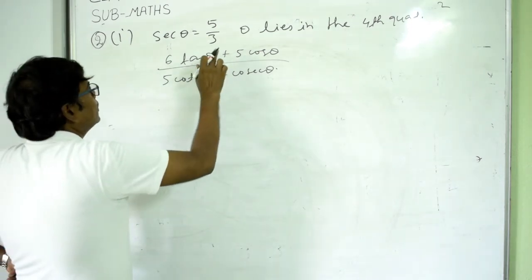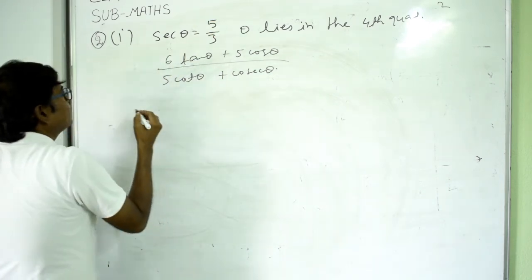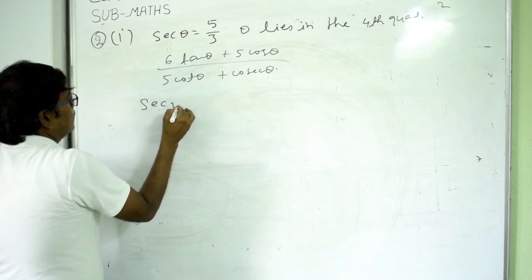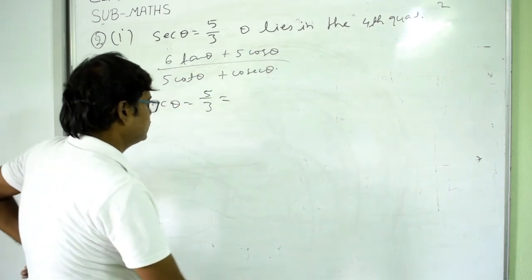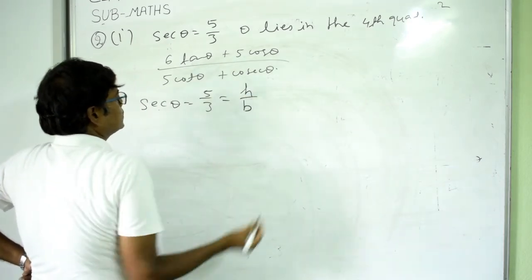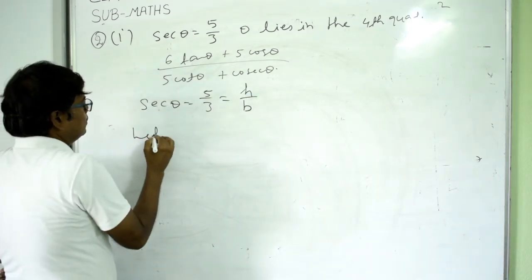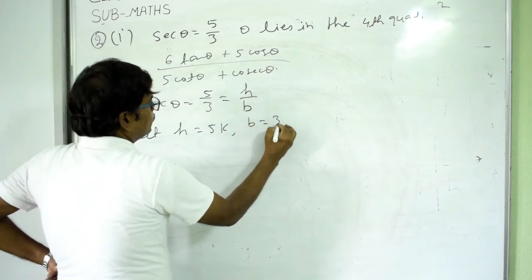Now sec theta equals 5 by 3 here. You know that sec theta equals hypotenuse by base. So let h equal 5k and b equal 3k.